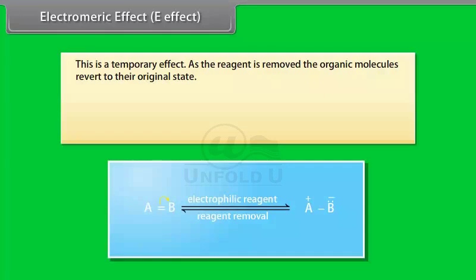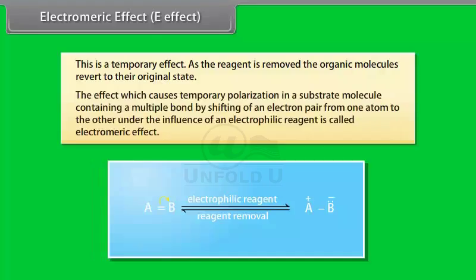As the reagent is removed, the organic molecule reverts to its original state. The effect which causes temporary polarization in a substrate molecule containing a multiple bond by shifting of an electron pair from one atom to the other under the influence of an electrophilic reagent is called electromeric effect.